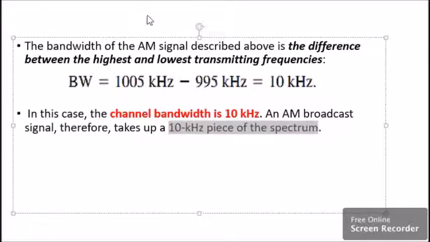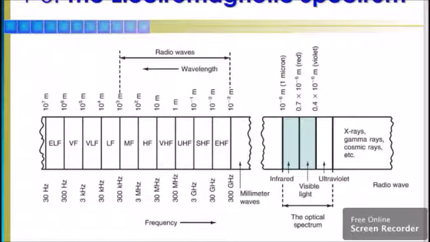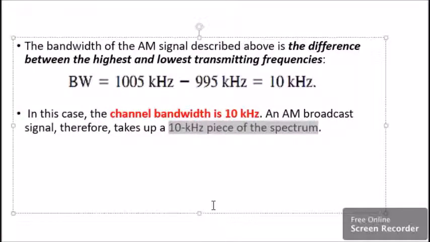So going back to the spectrum, if this is your spectrum, so yung ating AM signal ngayon, nag-consume ng 10 kilohertz na portion ng ating electromagnetic spectrum. So instead na isang frequency lang yung carrier natin, pero the truth is up to 10 kilohertz yung na-consume niya. Okay, that is again because of modulation which causes to create sidebands.